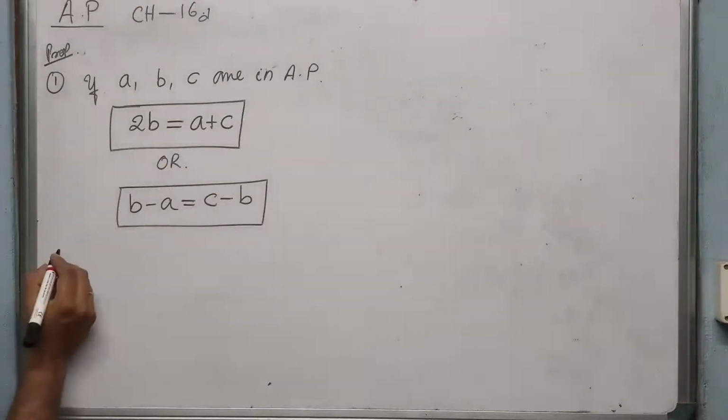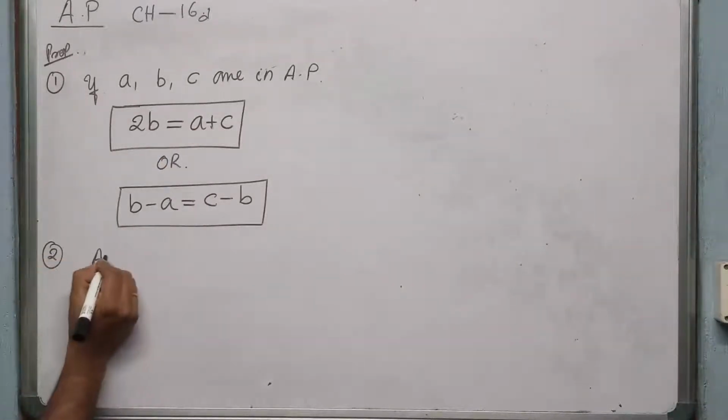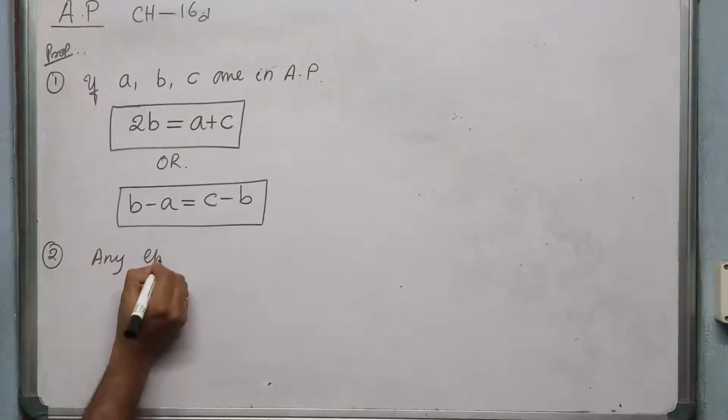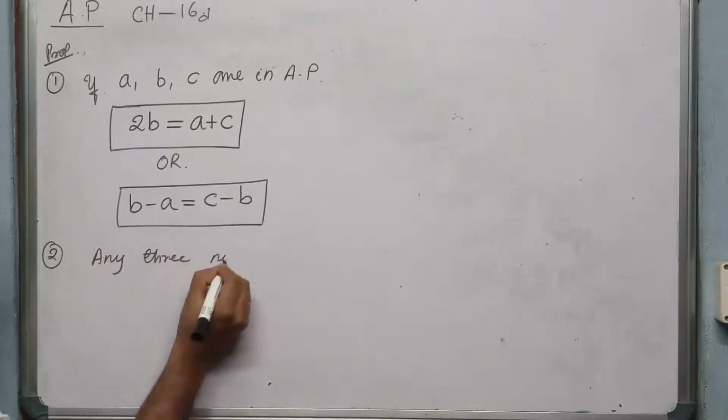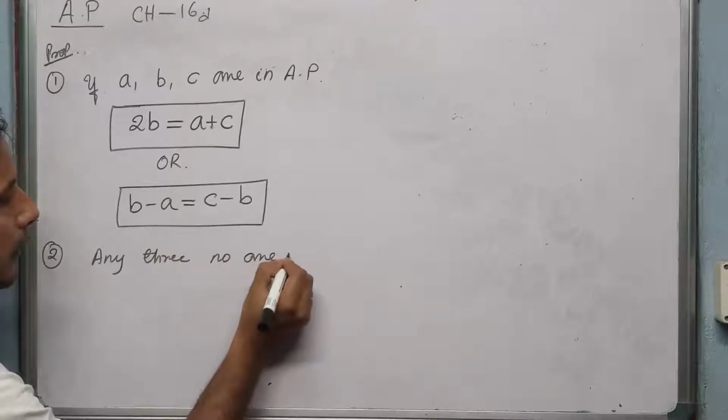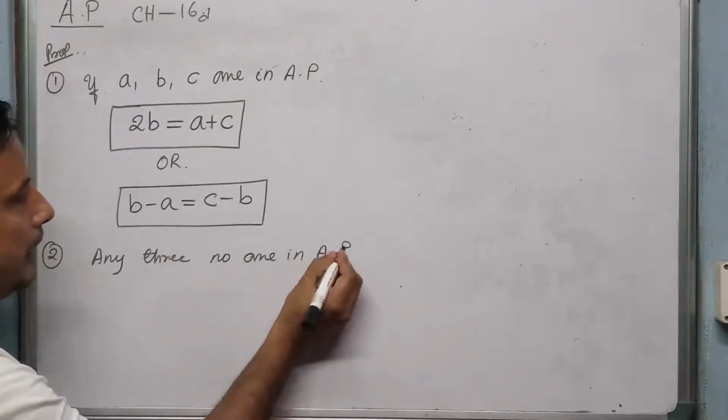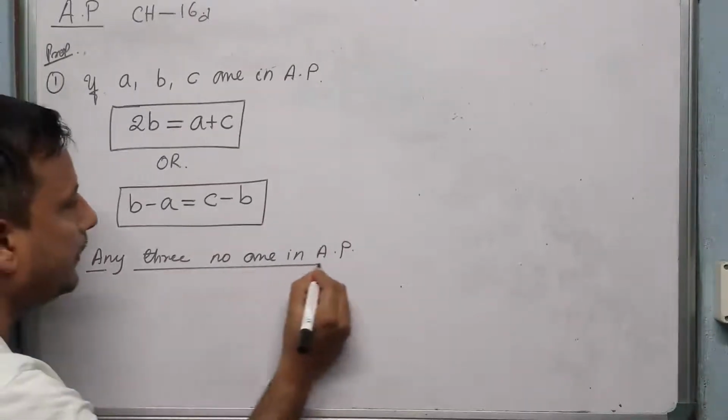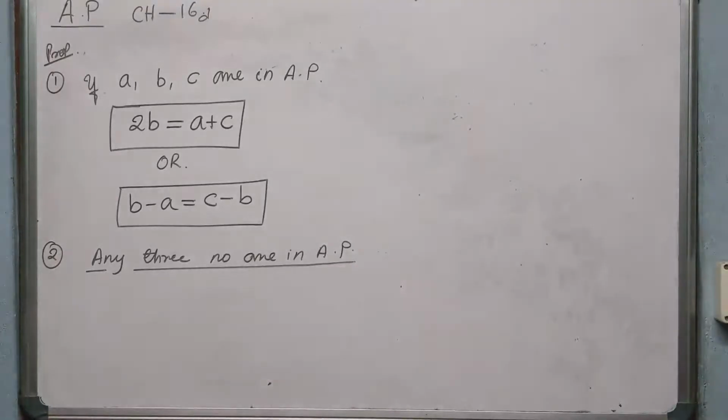Then you have to use this formula. Now number 2, any three numbers are in AP. Like, let us suppose the sides of a triangle are in AP. For applications, I'm doing these things.